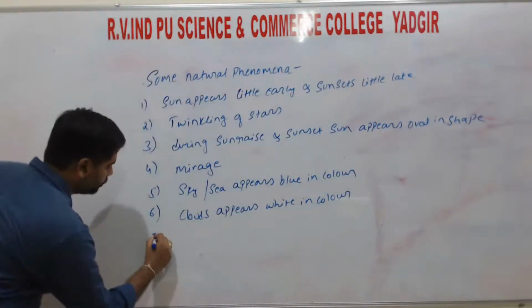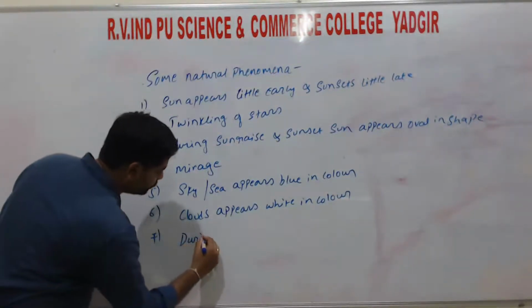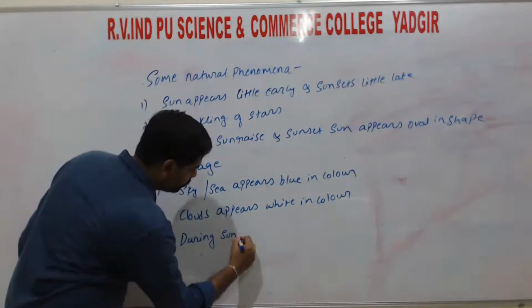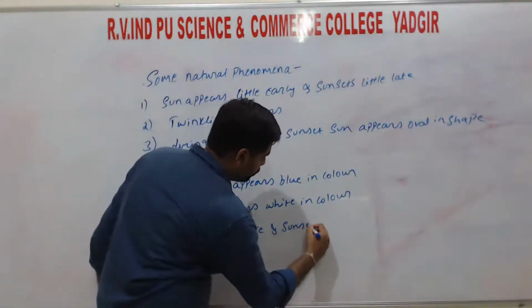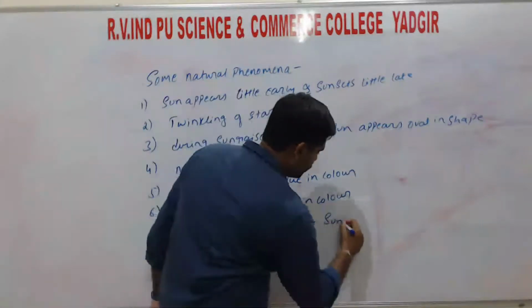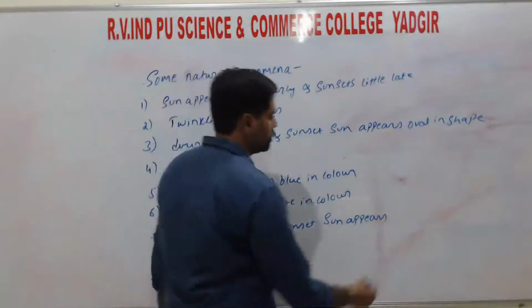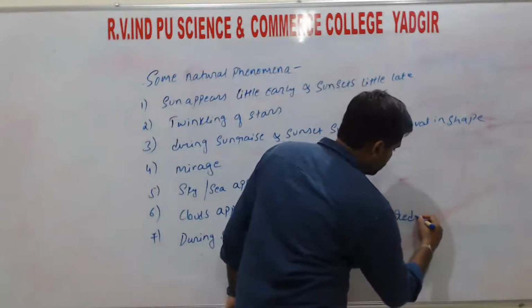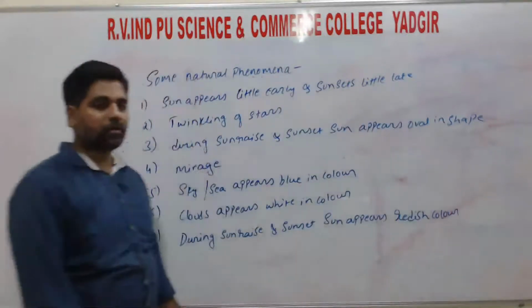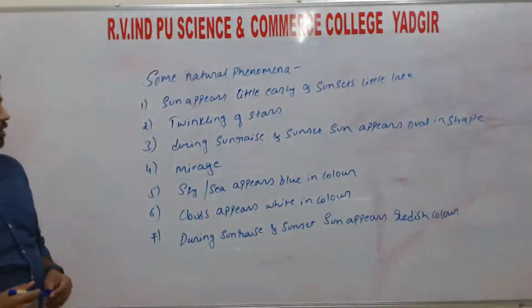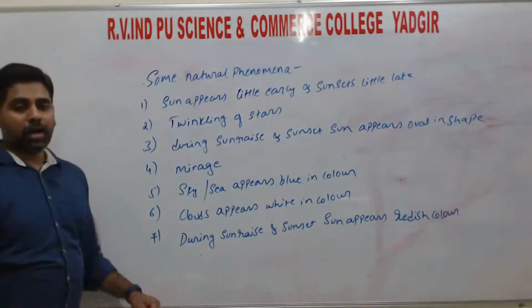Next one, during sunrise and sunset, the sun appears reddish in color, right? So these are the seven natural phenomena which we observe in our atmosphere.